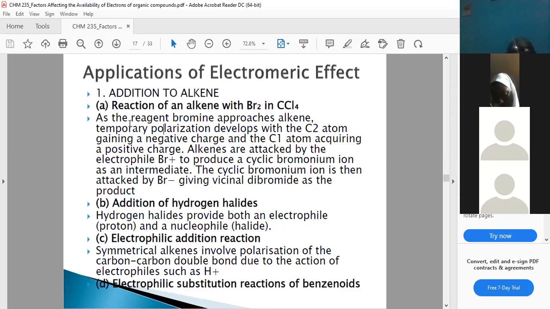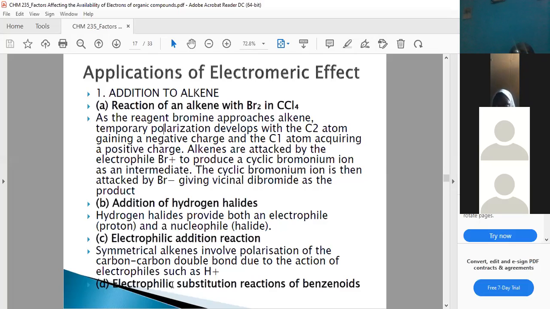So electromeric effect makes this possible. One of the reactions is the reaction of an alkene with bromine, addition of hydrogen halides, electrophilic addition reactions, as well as electrophilic substitution reactions of benzenoids. All these are made possible by electromeric effect.